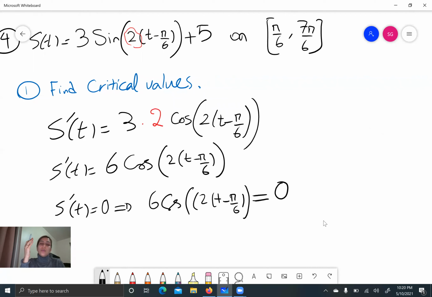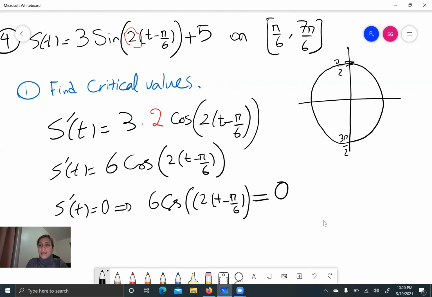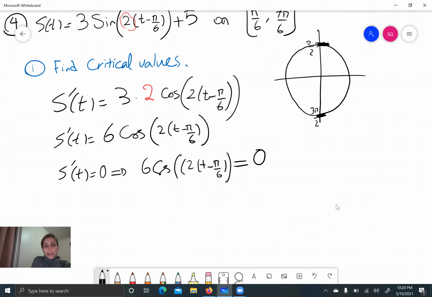We know cosine is 0 at angles like pi over 2, 3 pi over 2, and so on, any odd multiple of pi over 2. So this angle must be such a multiple of pi over 2.